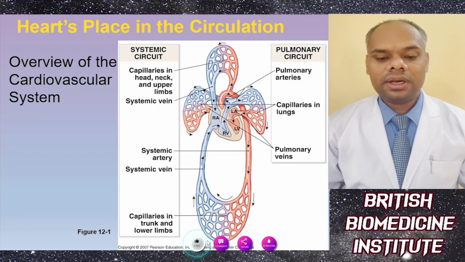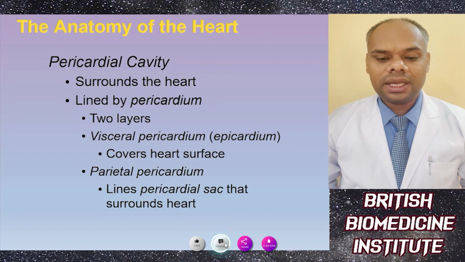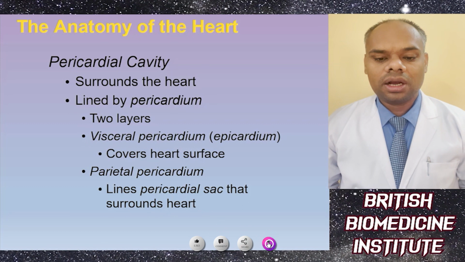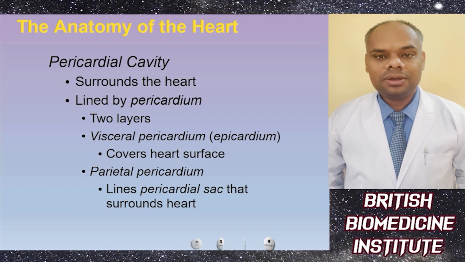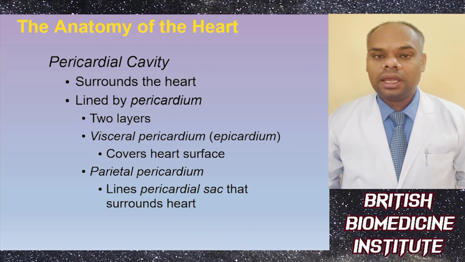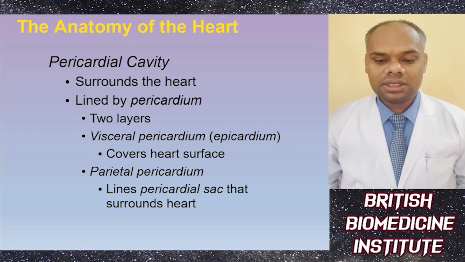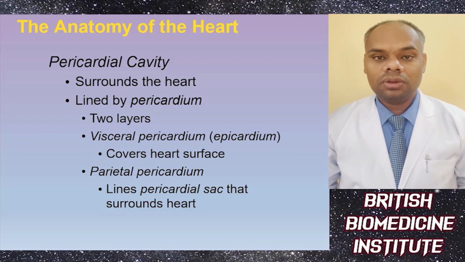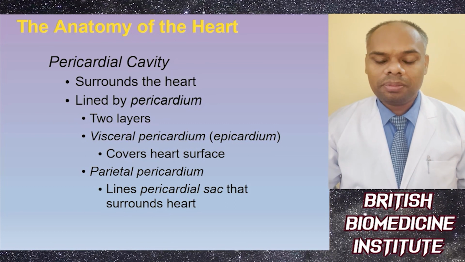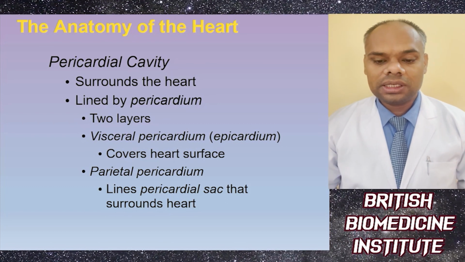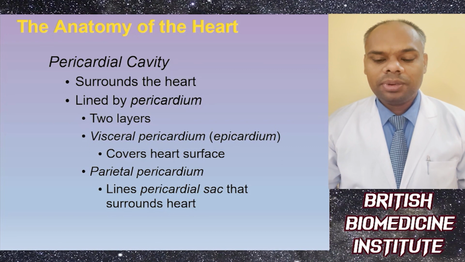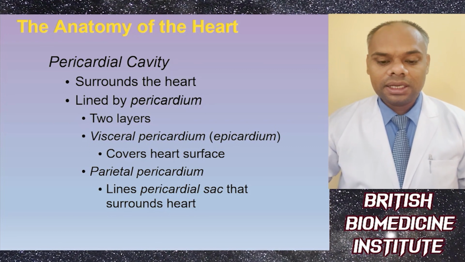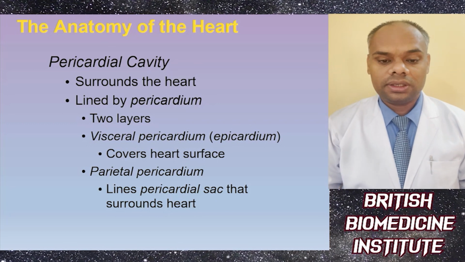So the anatomy of the heart: the heart is surrounded by the pericardial cavity, which is lined by the pericardium. There are basically two layers. The visceral pericardium covers the heart surface, and the parietal pericardium lines the pericardial sac that surrounds the heart.